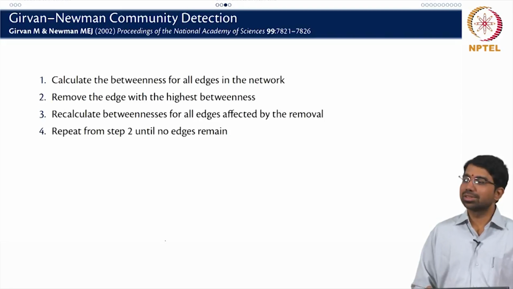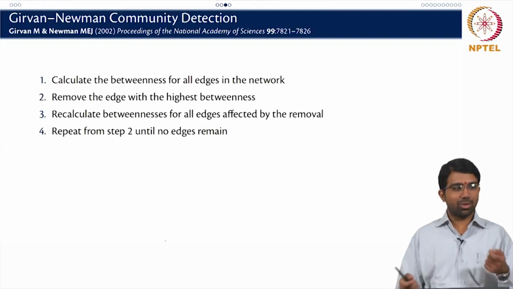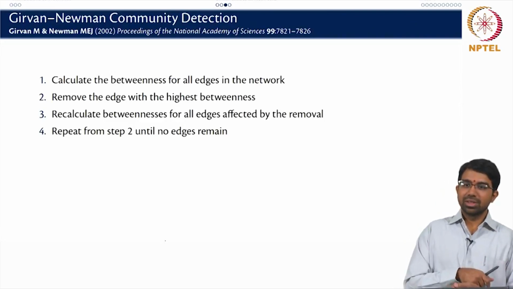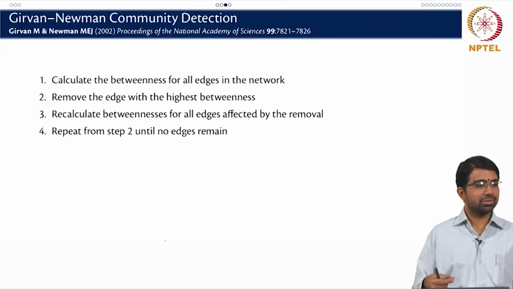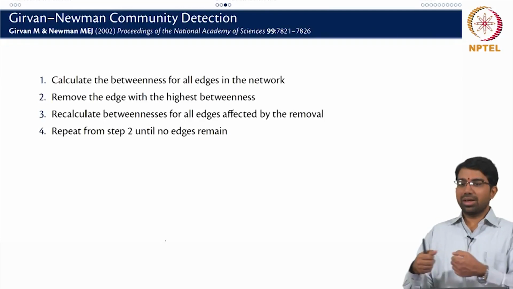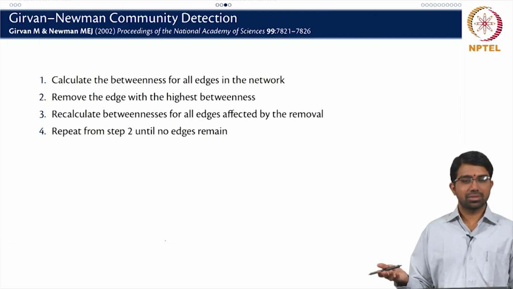All nodes and no edges. But if you play the whole process backwards, you will find that nodes get connected pair by pair. You will first add one edge, then you will add another edge. This is the equivalent of hierarchical clustering in some sense.